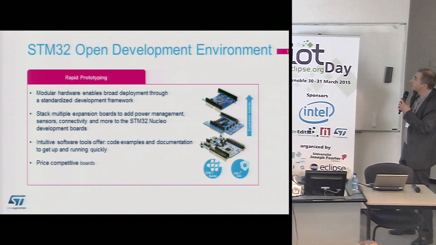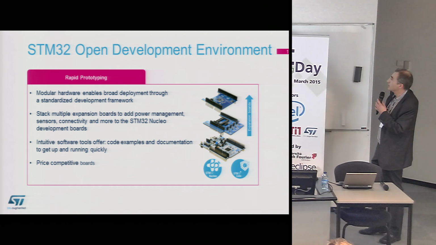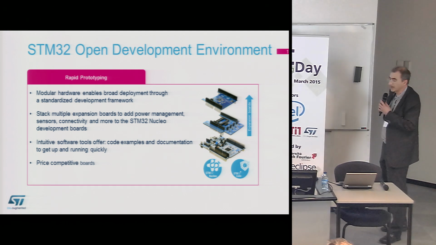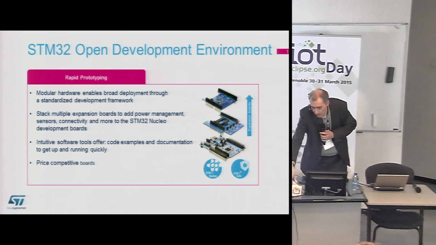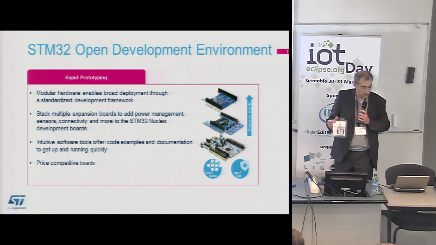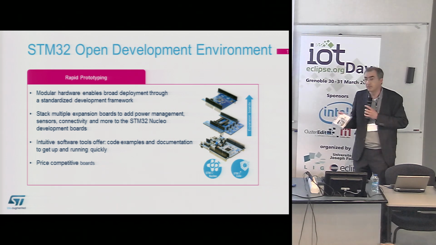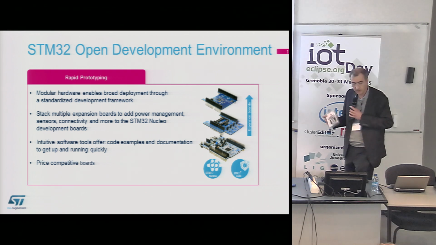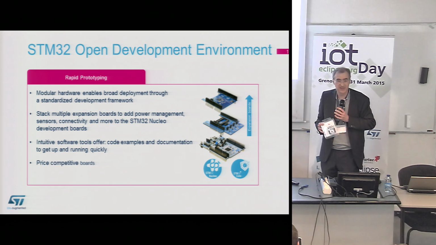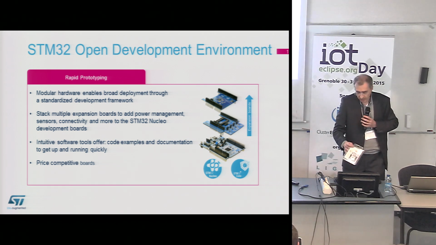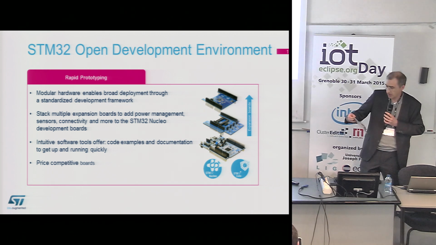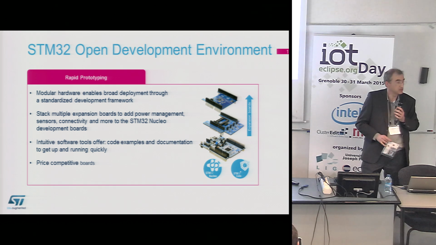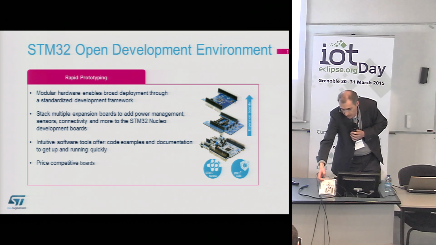So that's how to do rapid prototyping. The idea is, as on those Nucleo you have some Arduino connectors, you can basically plug any Arduino compatible shield, and you just have to port the API, of course. On our side, ST provides some shields on top of the Nucleo with the APIs already ported, so you just have to develop your application.